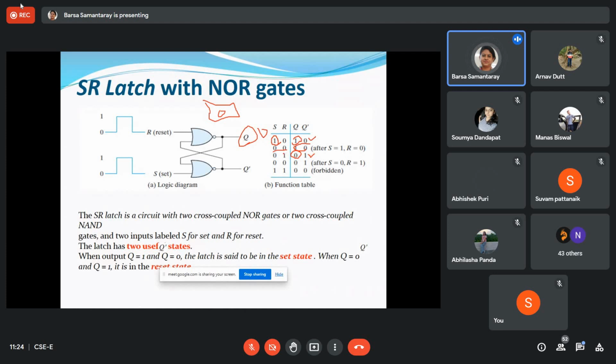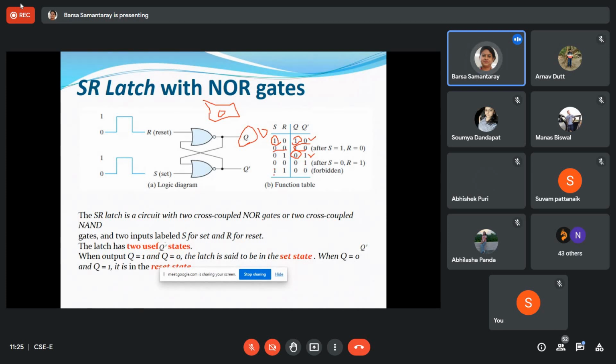With this condition, suppose I change R to 0. Again I check that the previous content of Q and Q dash was 0, 1, and now it is still 0, 1. Whatever the previous condition may be, if my present input is 0, the previous output will be kept as memory and it will not change.